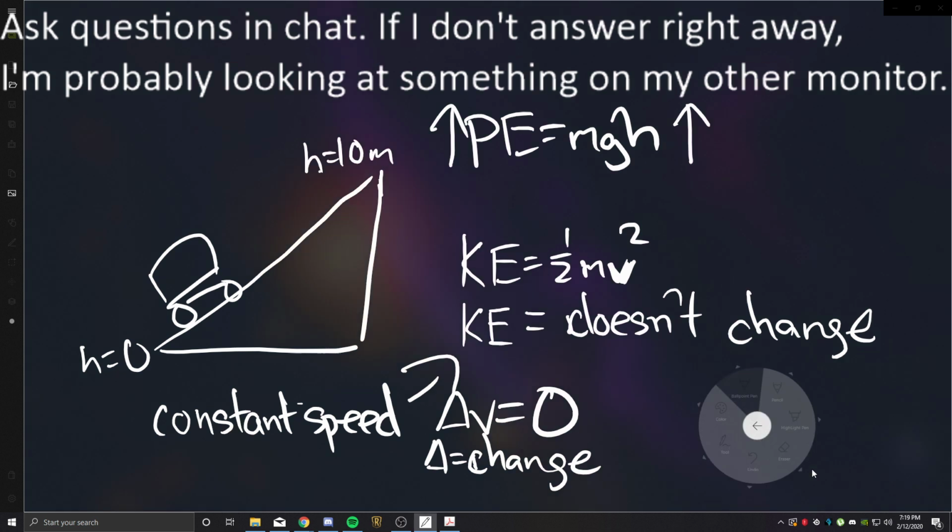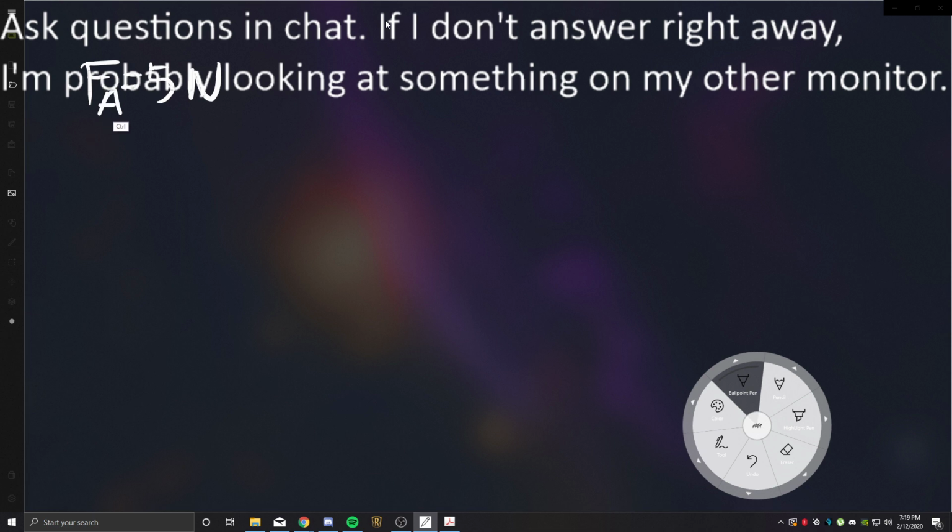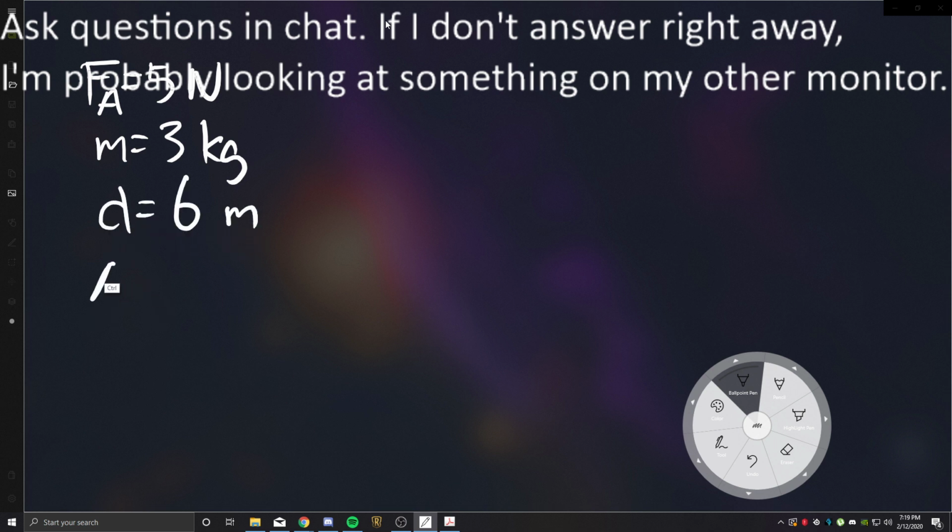Number 8. Let's see. Number 8 says a horizontal force of 5 newtons. So you're applying that force, so I'm calling it applied force. Mass of 3 kg, a distance of 6 meters. And what is the change in kinetic energy of this mass? This is going over the work energy theorem, where your work is your change in total energy.